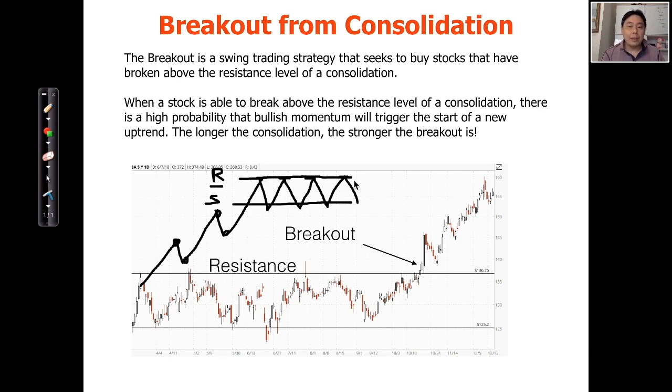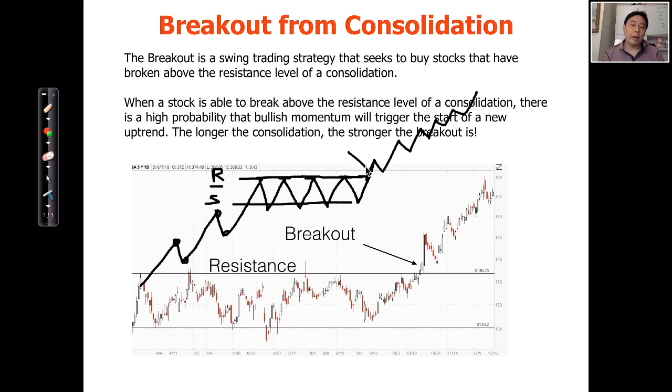Well, the first thing that can happen is eventually the price would break above that resistance. So eventually there'll be enough buyers that will be able to overcome all the sellers at this level. And when it breaks this level, it's usually the beginning of a new uptrend.